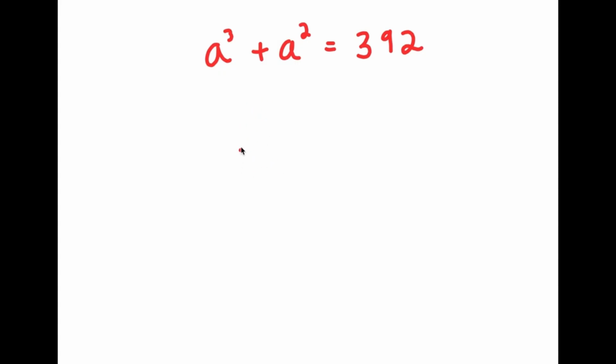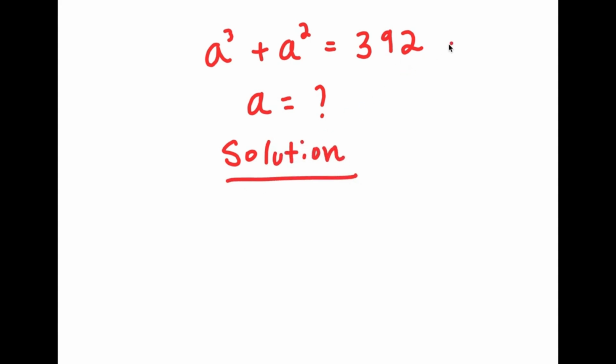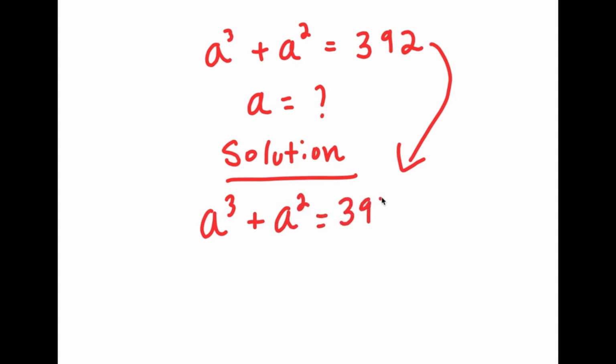Alright, so in this problem, I have a to the power of 3 plus a squared is equal to 392. So I obviously want to find the value of a here. For my solution, I'm going to first start by rewriting my equation here. So I get a to the power of 3 plus a squared is equal to 392.